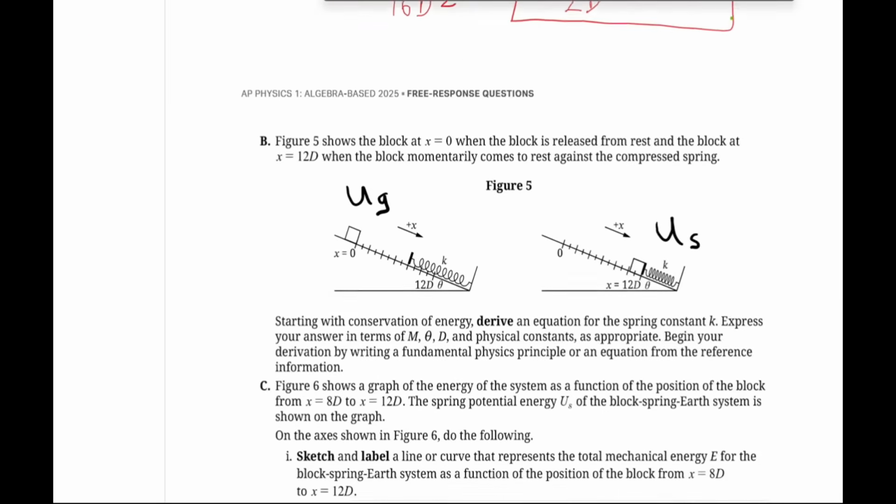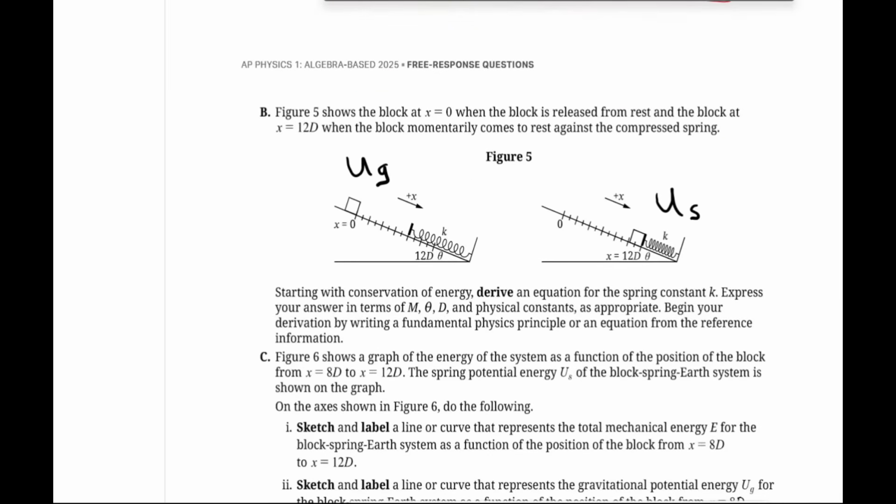It says that figure 5 shows the block at x equals 0, where the block is released from rest, and the block at x equals 12d when the block momentarily comes to rest against the compressed spring. So it is all gravitational potential energy, which we know as mg delta y or mgh, and then it becomes all spring potential energy, which is all 1/2 kx squared.